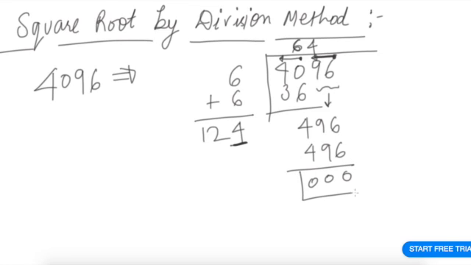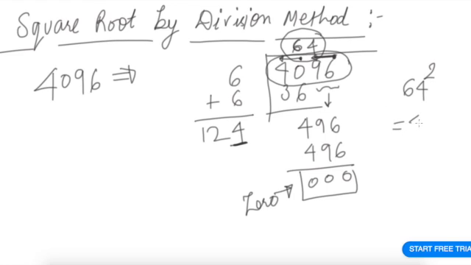If you get a 0 here, it means that 4096 is a perfect square number and 64 is the square root of that number. 64 is the square root. So 64 squared equals 4096.